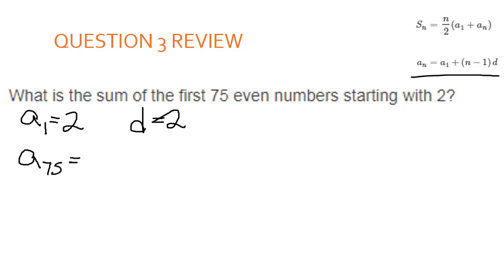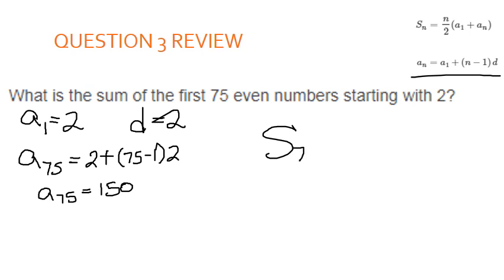I'm going to use that second formula right there. So I have the 2 plus 75 minus 1 times my common difference of 2. So my a sub 75, or the 75th term, is going to be 150. Now I need to find the sum of the first 75 terms.